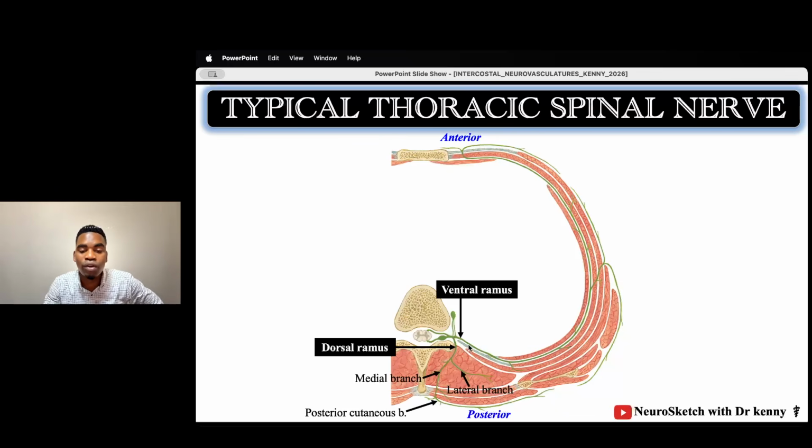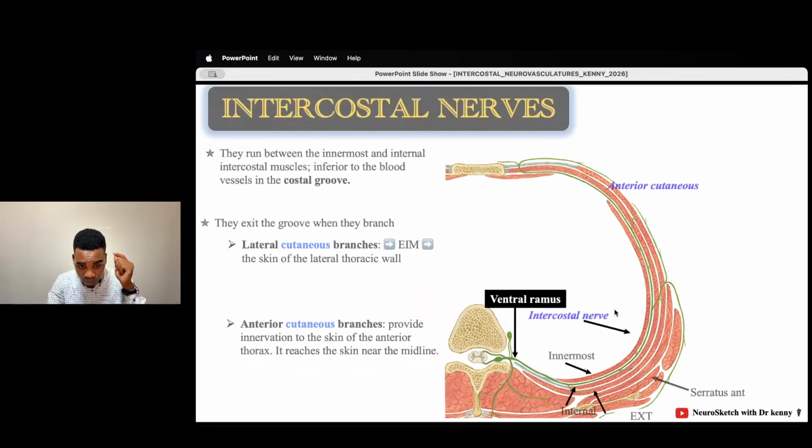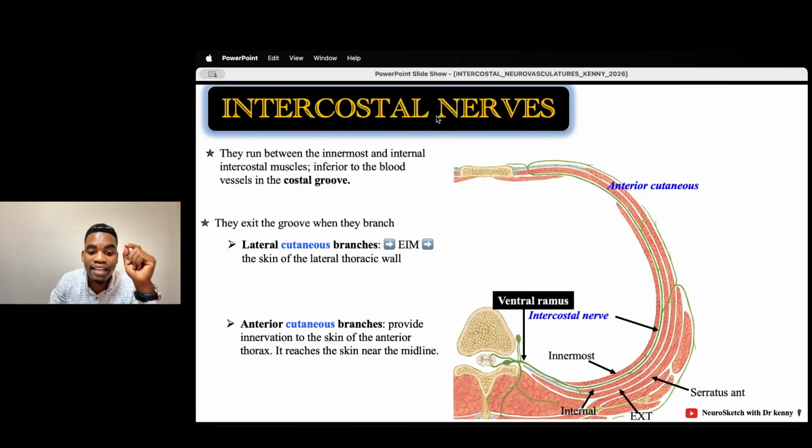This is found from T1 to T11, and the one below, from T12, will become the subcostal nerve. So remember, the intercostal nerves are the ventral rami of the spinal nerves from T1 to T11.